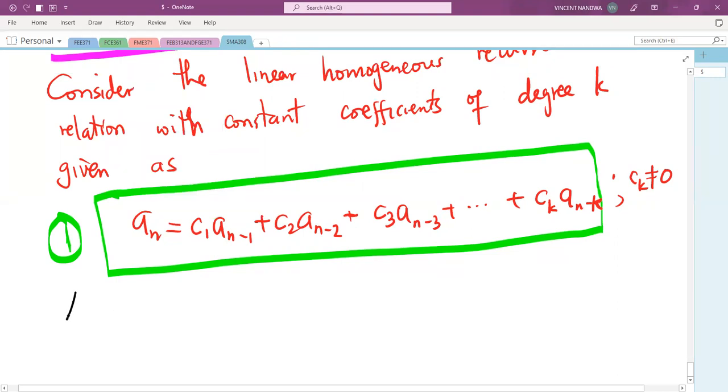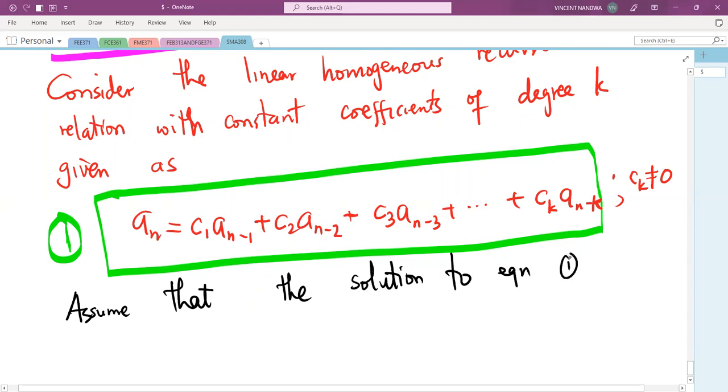So let's assume that the solution to equation 1 is a_n equals r^n, where r is a constant.